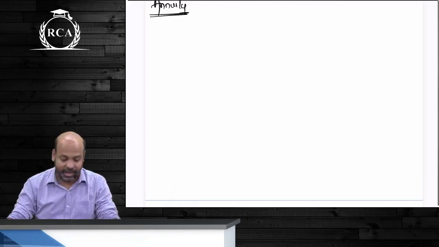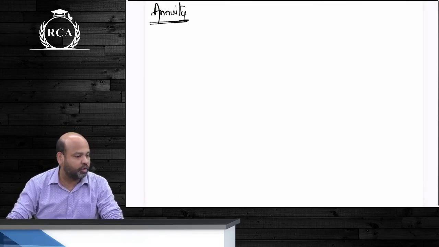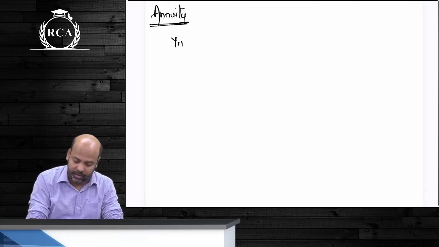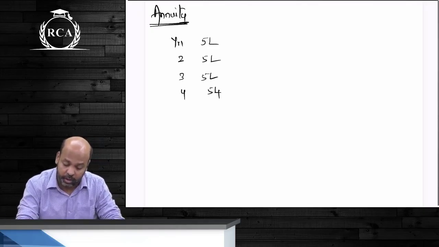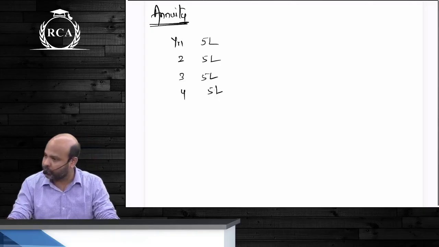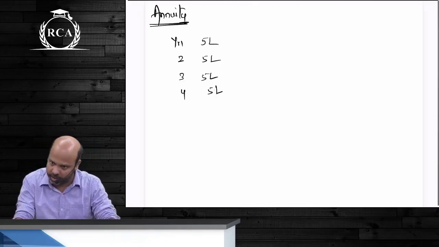So the cash flow should remain same and the time gap between two cash flows also should remain same. So in case, in the same question, if the cash flow every year remains at say 5 lakh rupees, you're going to receive 5 lakhs every year over the next 4 years, then will this become a case of annuity? Yes, because the cash flow is remaining constant and the time gap between two receipts is also remaining constant.